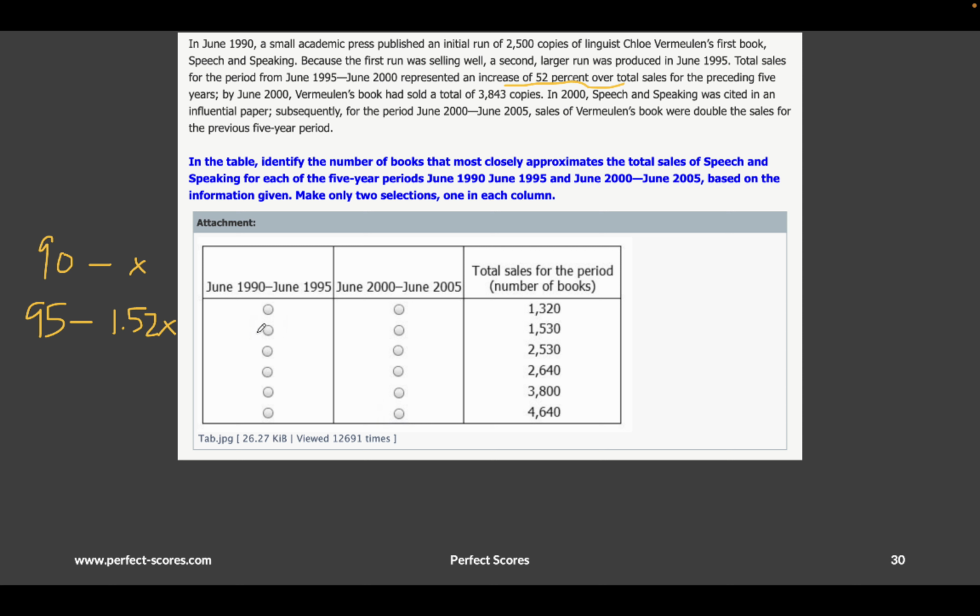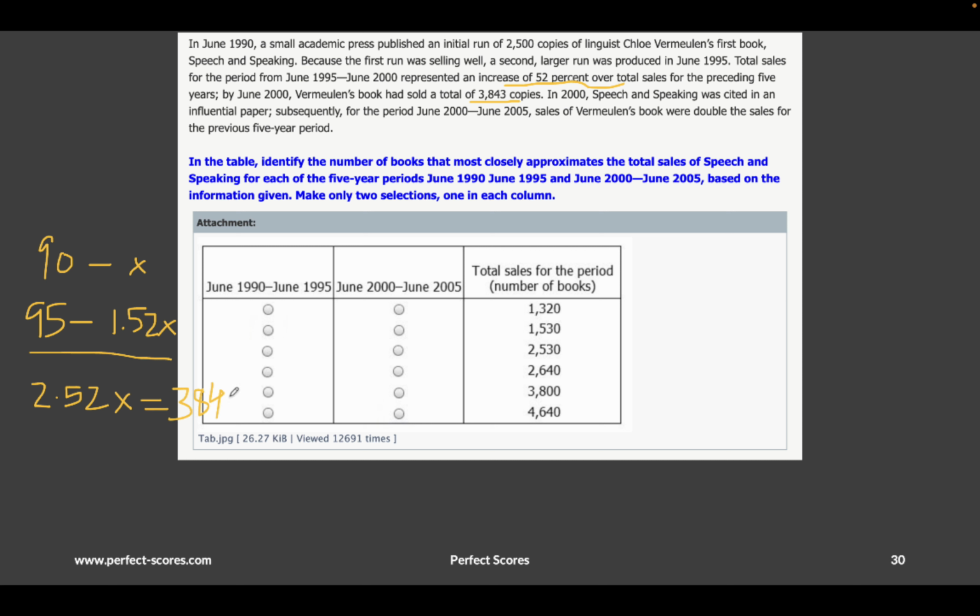Okay, so then the question says, by this time, the book had sold these many copies, which means X plus 1.52x, which is 2.52x, that's actually equal to 3843.